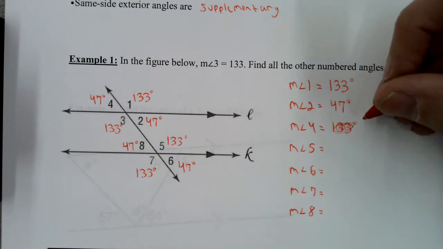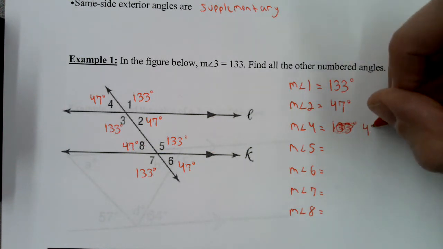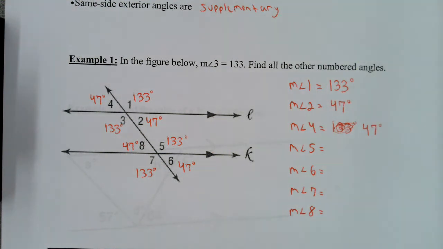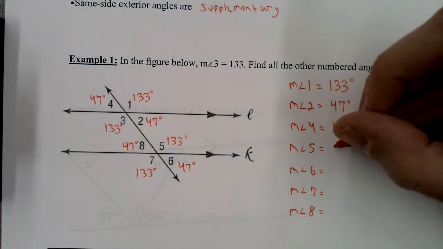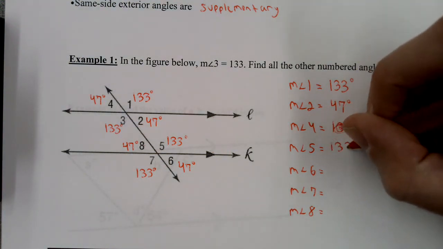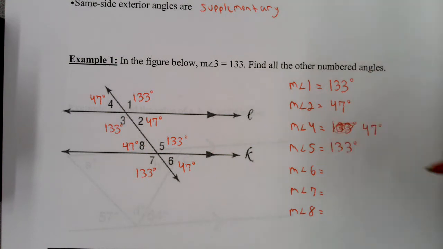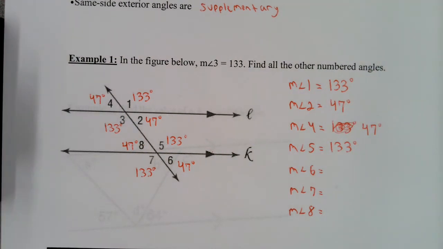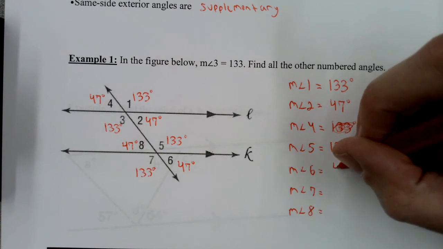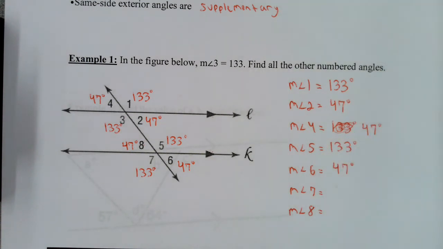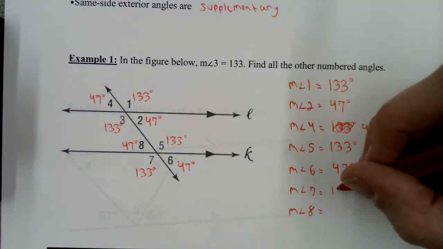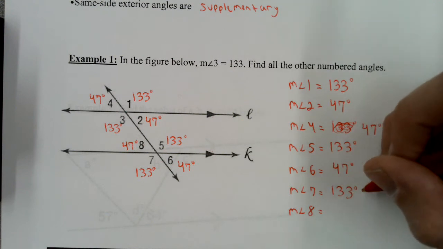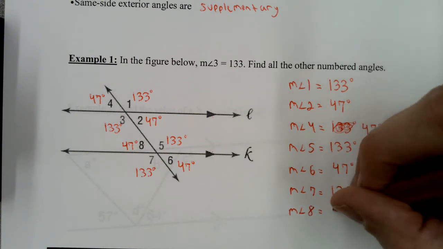That should be 47. Angle 5 is 133. Angle 6 is 47. Angle 7 is 133. And angle 8 is 47.